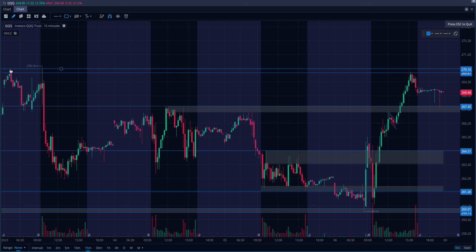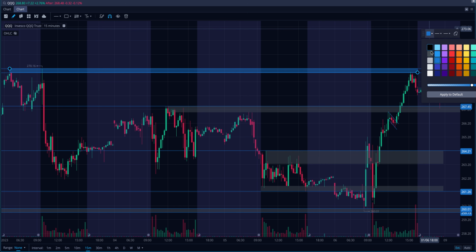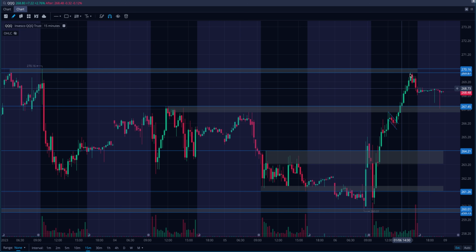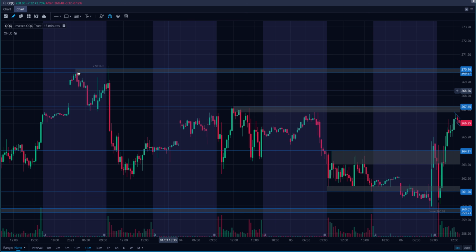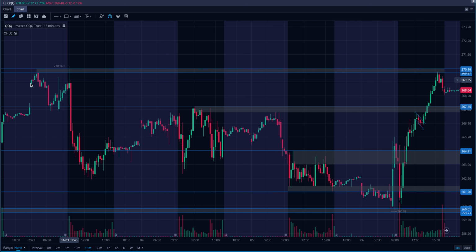When two big resistance levels like that are so close, it's best to just connect them and make a zone just like that. Look where the price ended, directly in these resistance areas. If you watch the levels and zones videos, the last one I made, you know what I'm looking for on these, and those check all the boxes.